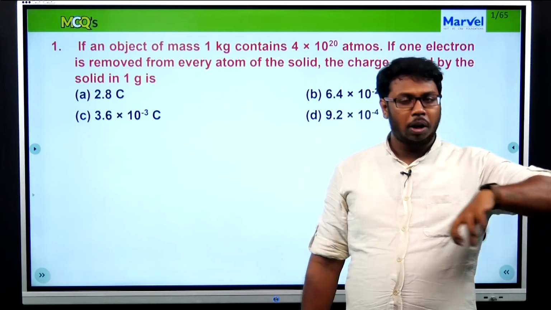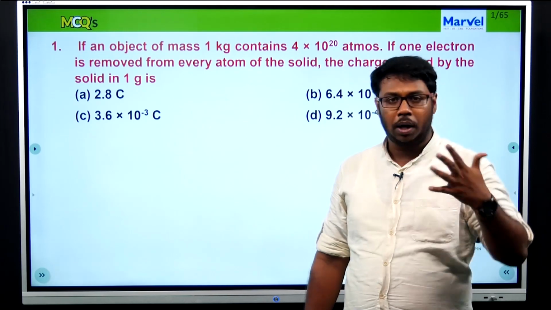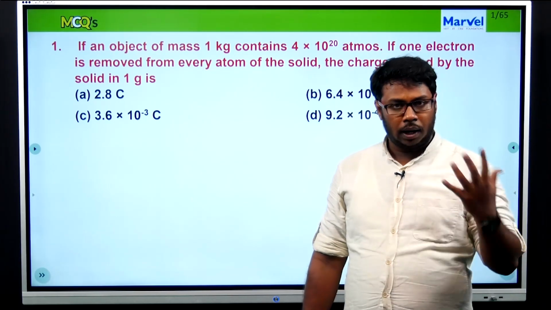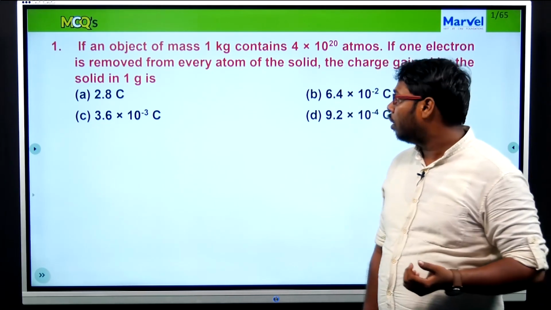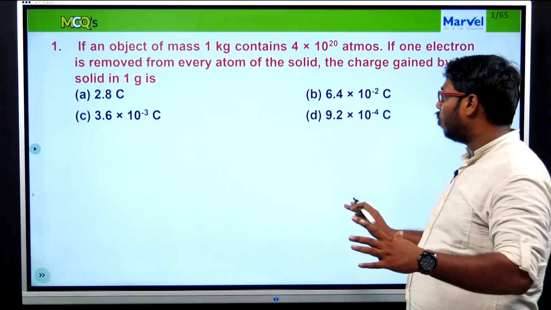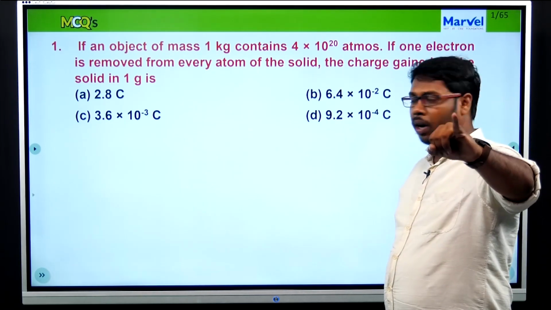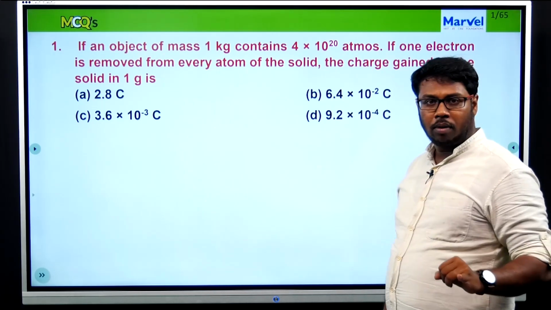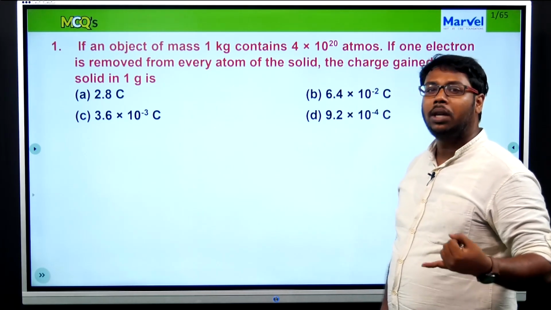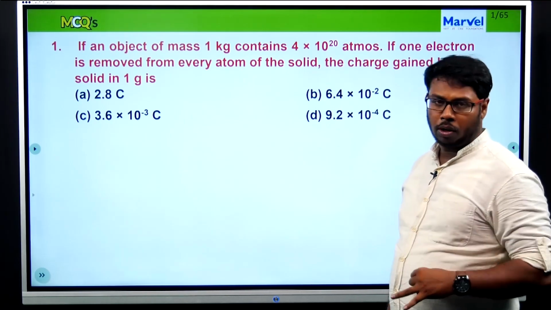If you remove an electron, the dominating positive charge will be high, so that the entire thing will be positively charged. So whatever we are searching for is a positive charge in here. The first thing that I have to find is the number of atoms that are present in 1 gram. Once we have found that, we know how many electrons are being removed and we also know how much charge that particular solid is going to gain.